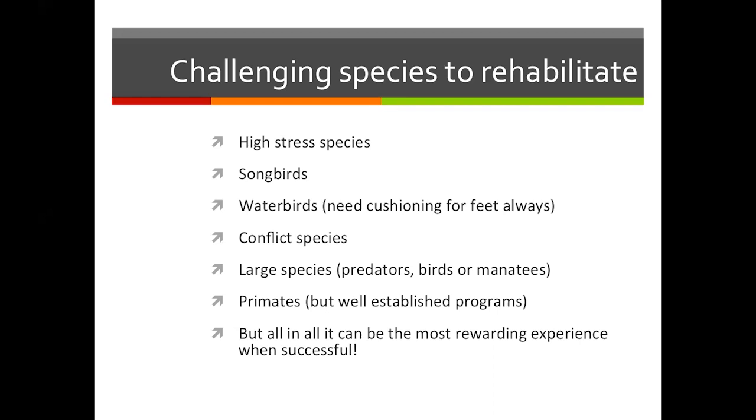And then all in all, to me personally, it truly is one of the most rewarding experiences ever to see an animal that went from almost certain death through the different stages and steps that can take from days to weeks to months to, in some species, years, and then returning to the wild.